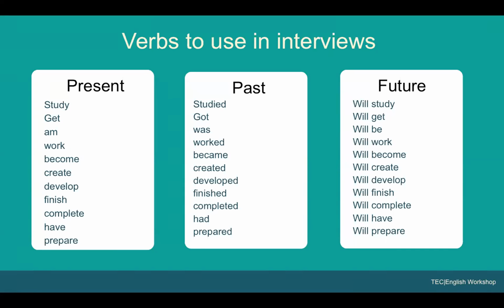The group is single, it's as if you're talking about an individual. Also prepare: I prepare, he prepared in the past, and I will prepare in the future. Okay, all good so far? I may be speaking a bit fast, but please stop me if there's anything. Okay, great.